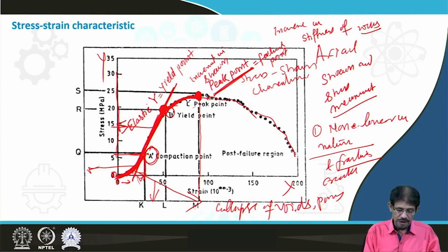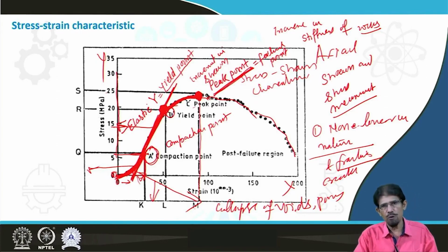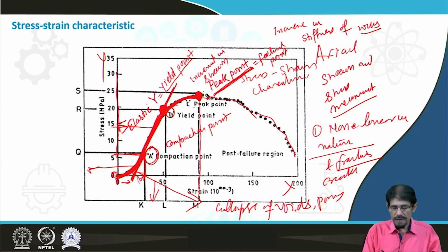So we have discussed the departure from the linearity, the compaction point; the phase of departure we recognize as the yield point, and the maximum reach of the stress-strain curve in terms of stress is recognized as the peak point. Thereafter there is a gradual fall in stress-strain behavior.